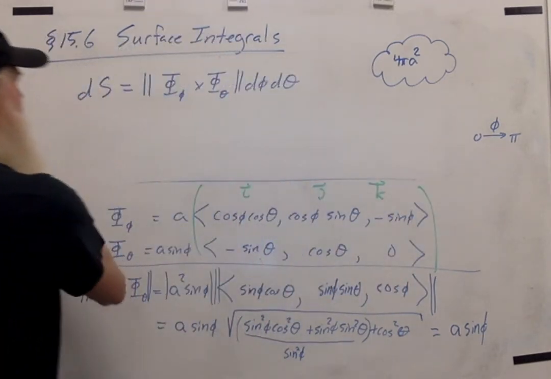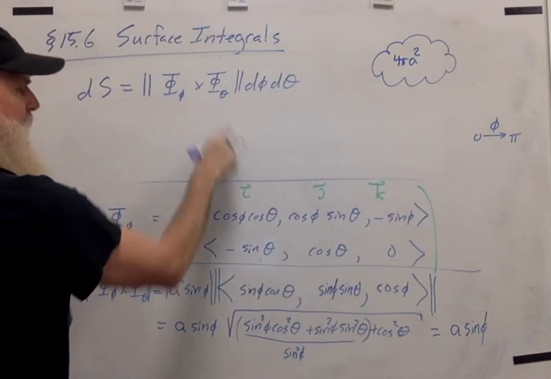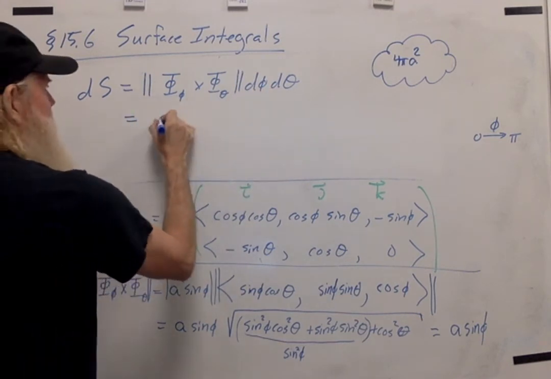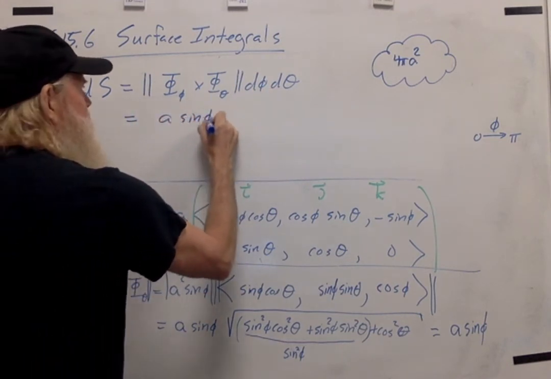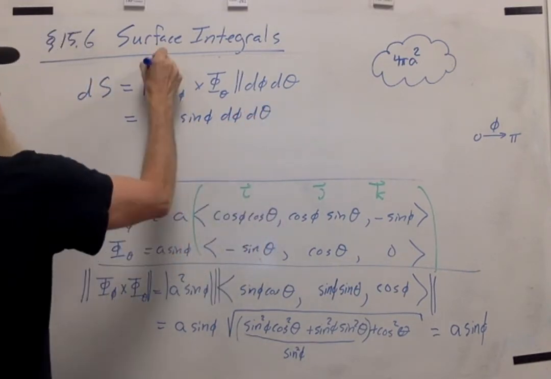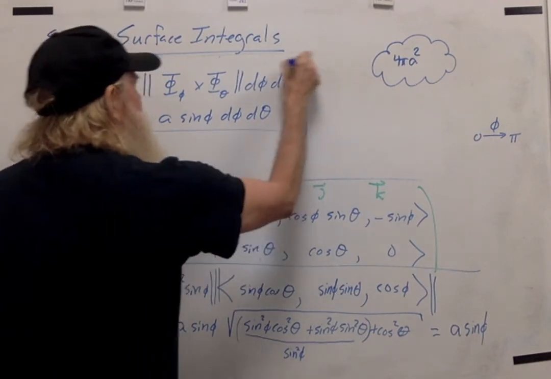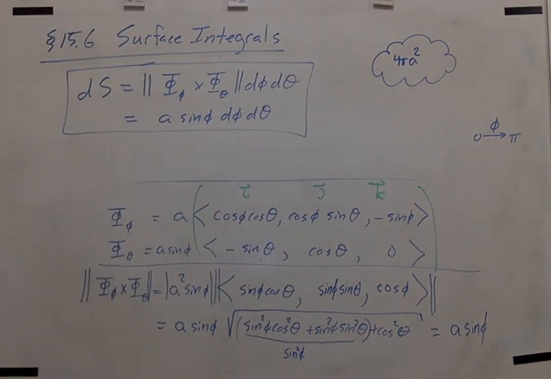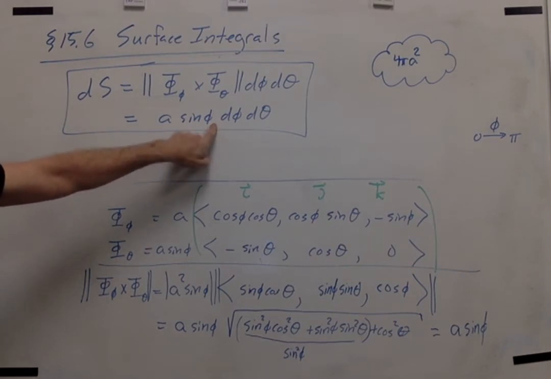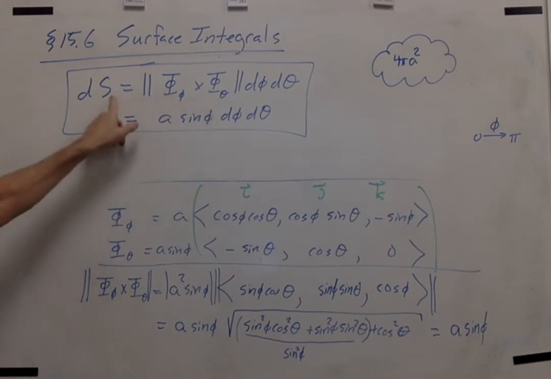So coming way up here, ds is the magnitude of this cross product, d phi d theta. That's going to be a sine phi d phi d theta. Now this is a place where if you're going to be doing integrals over spheres a lot, you probably just want to memorize this as a special formula for the surface area element of a sphere of radius a.